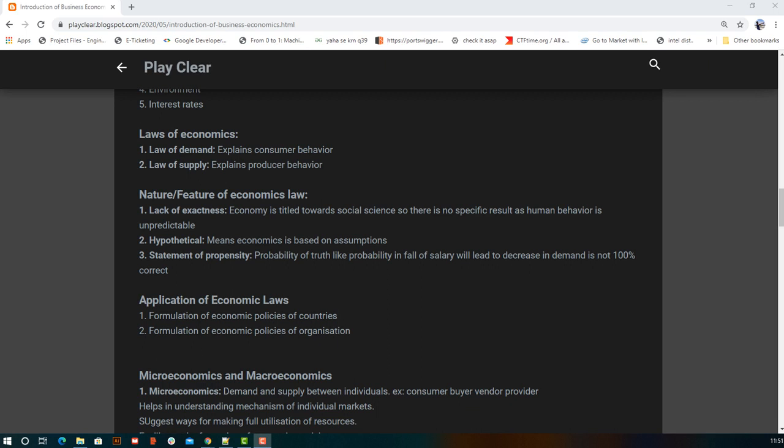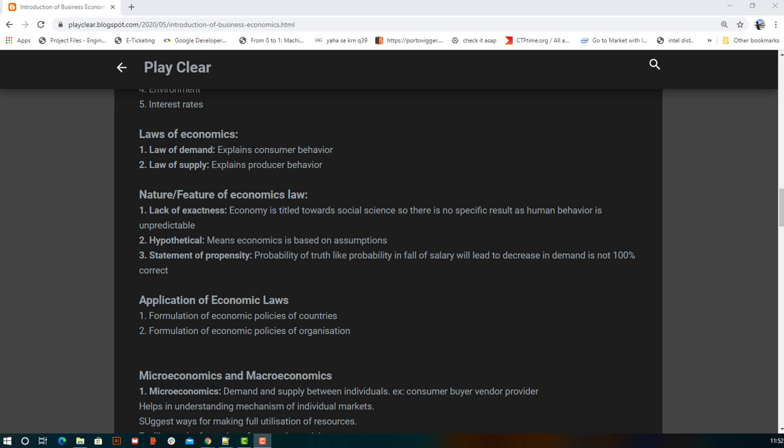Next we have the statement of propensity. This says that when we state something in economics, it is not probable that the statement is 100% correct. It is more likely that it will happen, but not 100% sure. For example, we have taken that as income decreases, demand also decreases. But it's not like when your salary decreases, the demand will decrease by 100%.